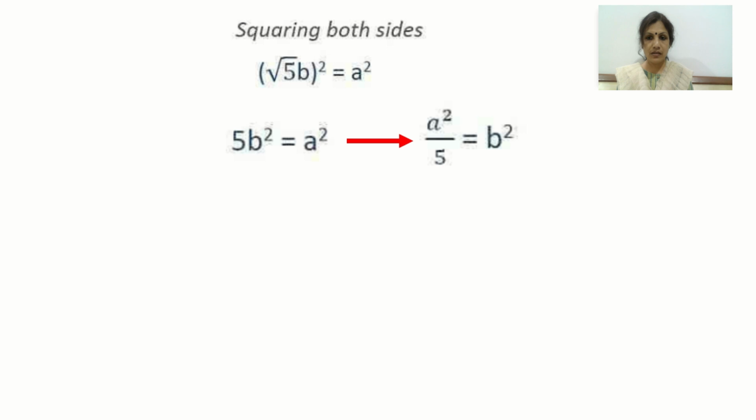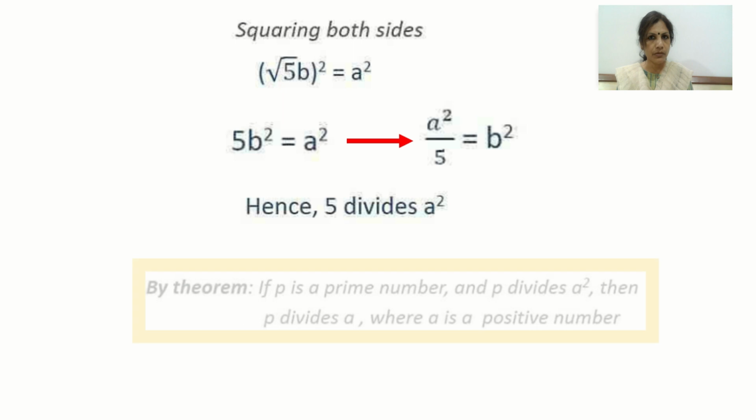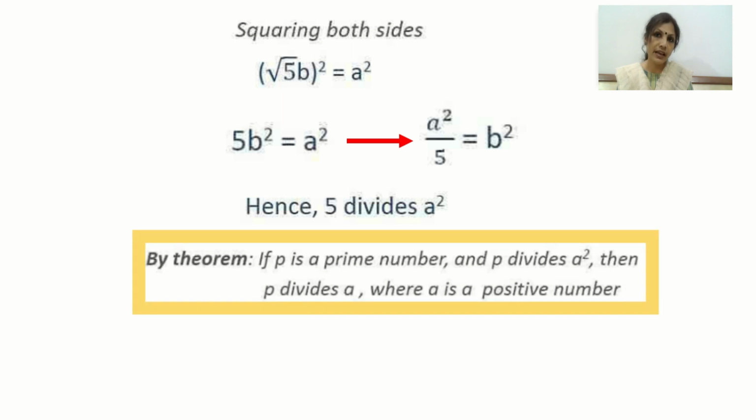This statement says that 5 divides a square, and we have a theorem which says that if p is a prime number and if p divides a square, then p divides a also, where a is a positive number. So by using this theorem, if 5 divides a square, that means 5 divides a as well, isn't it? And we will consider this as equation number 1.